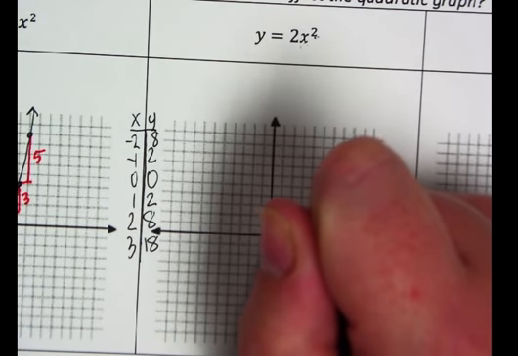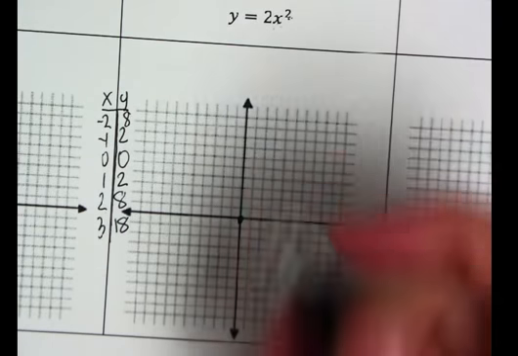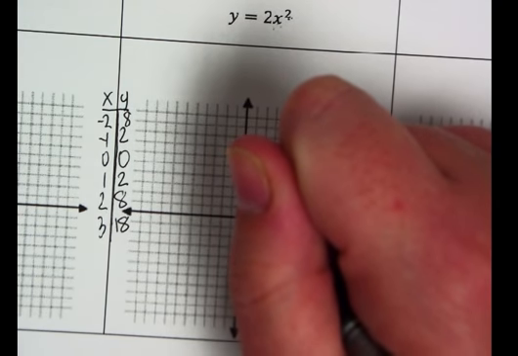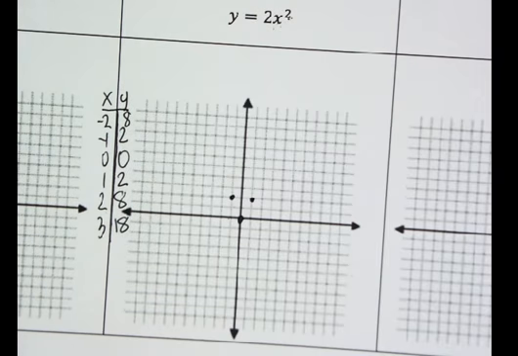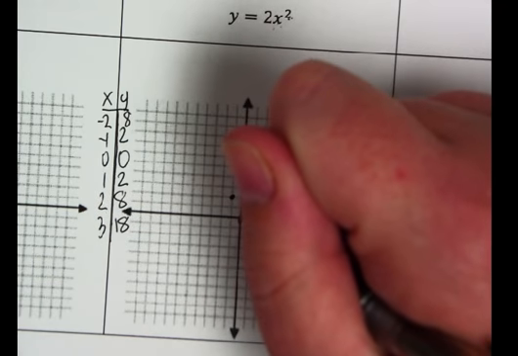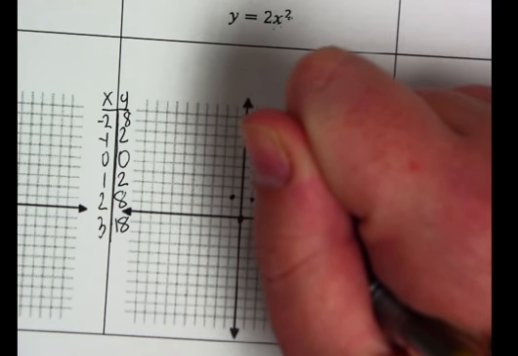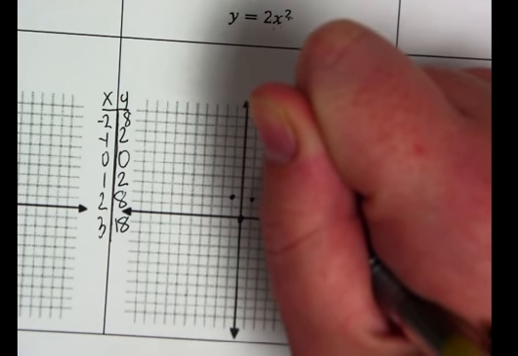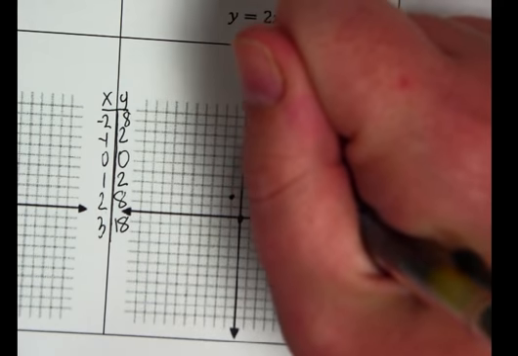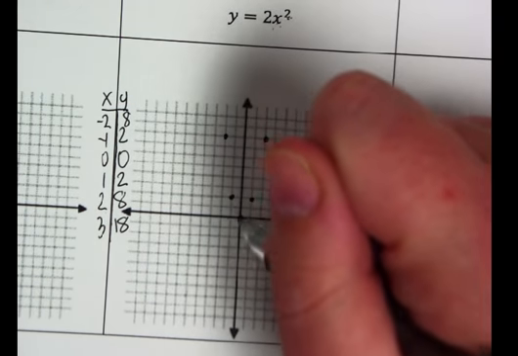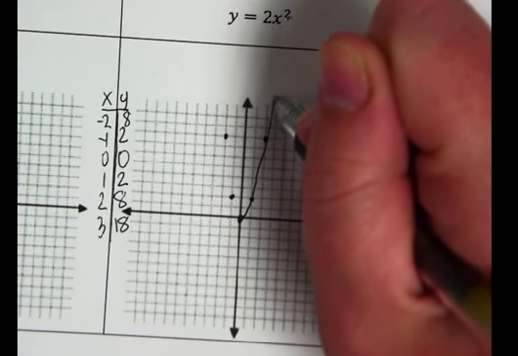So from 0, 0, with this one, 1, 2, and negative 1, 2. And then 2, 8, and negative 2, 8. 3, 18 ended up being off our graph.